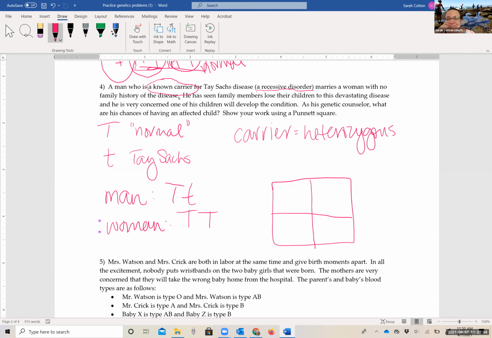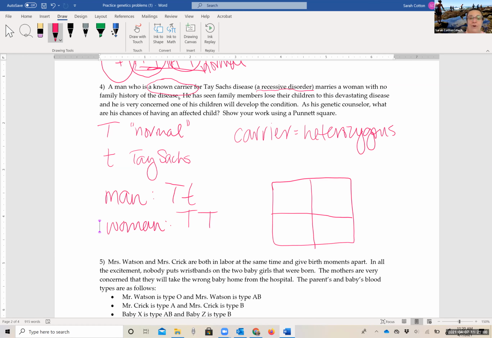Okay, tell me what to put on the sides of the Punnett square. Do we do the same thing we did in the last one, big T, little t, and then on the top, and then on the bottom, big T, little t?